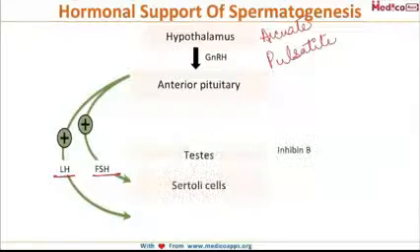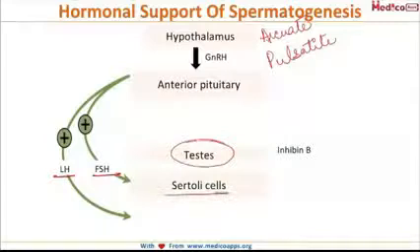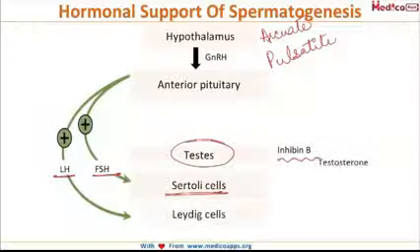Now what is the end organ for these gonadotropins? It is the testis. FSH has its receptor on the Sertoli cells, and so it acts on the Sertoli cells, releasing inhibin B. And LH has its receptor on the Leydig cells and leads to the release of testosterone. So how do you remember this?